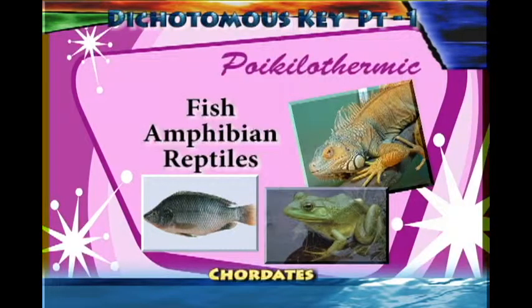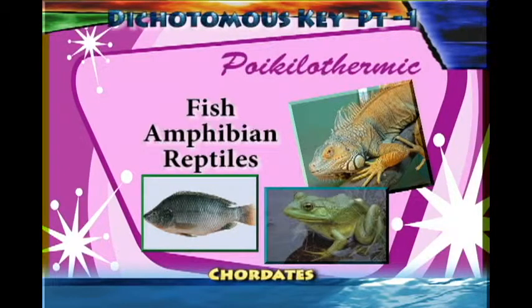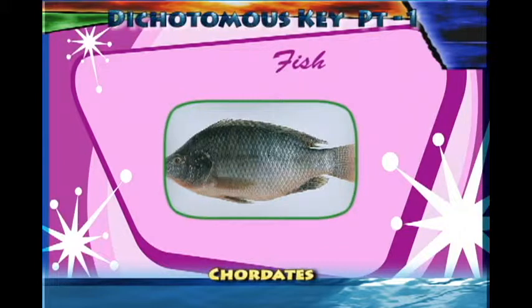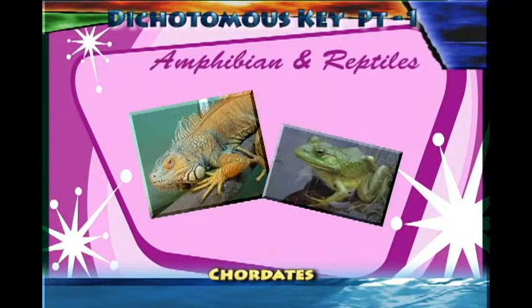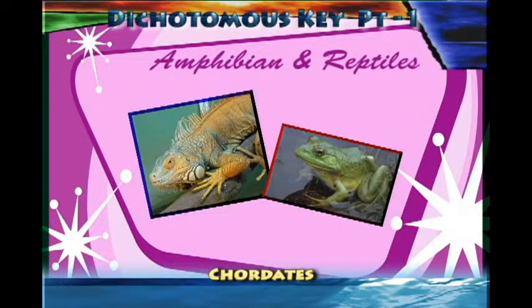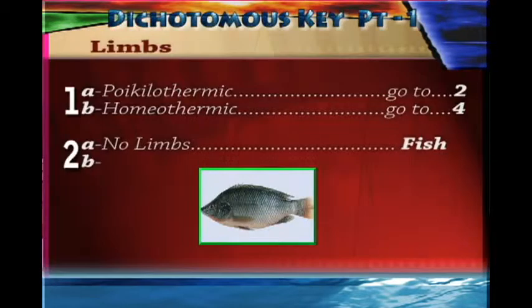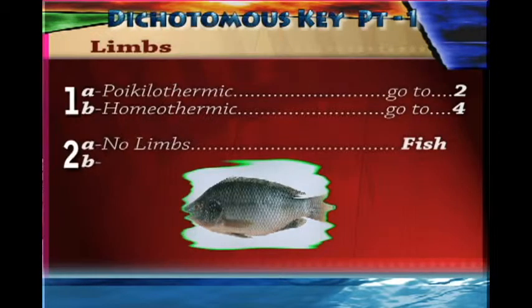When you look at the fish, amphibians, and reptiles, you'll find that the fish does not have limbs, but it has fins. The amphibians and the reptiles have 4 limbs each. So at the end of the question, which one has fins but no limbs, we can put fish, because it is only the fish which has fins and does not have limbs.